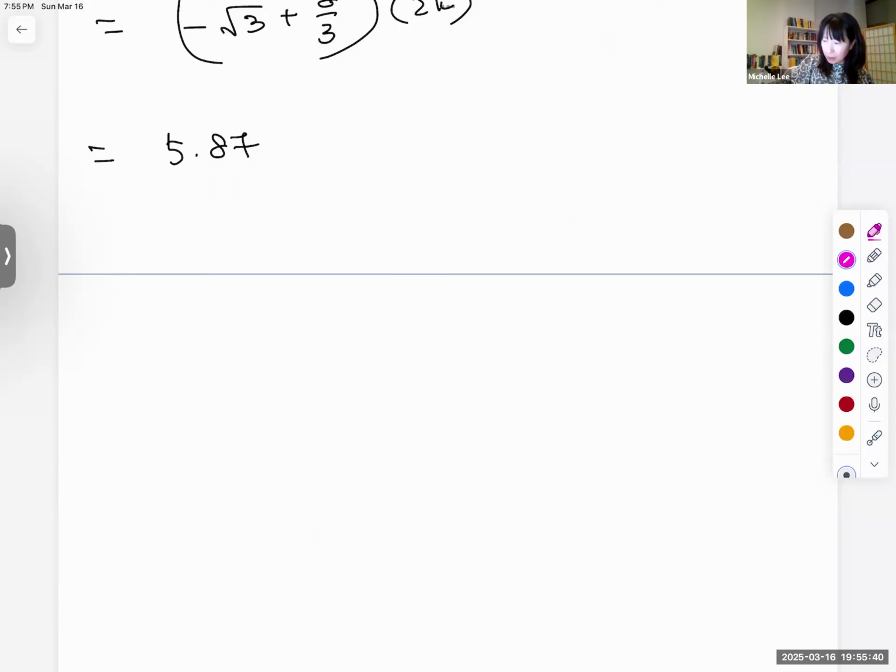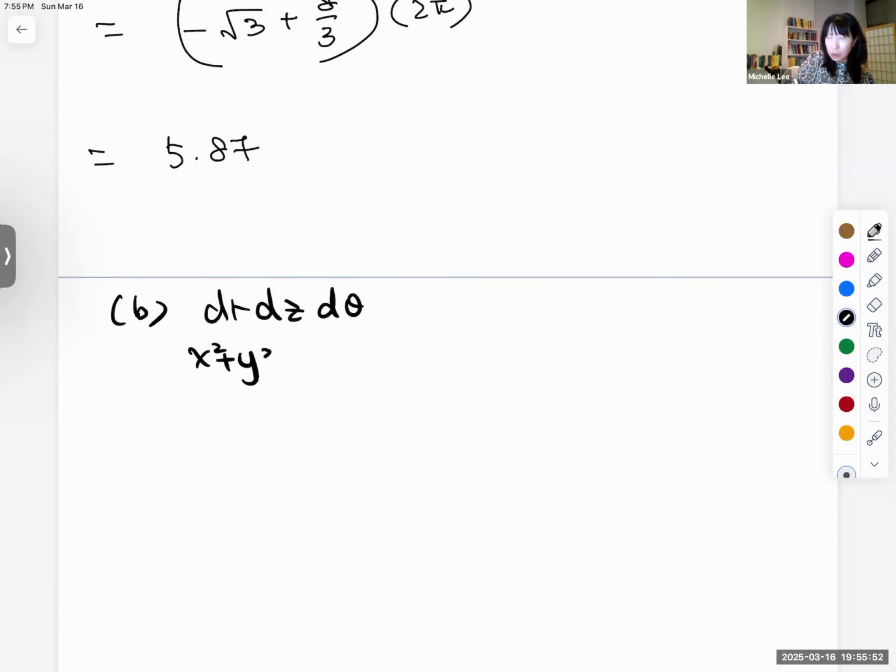The second part is complicated. So for B, we want to use r, z, theta. Yeah. So we have the equation x squared plus y squared plus z squared equals 4. We know x squared plus y squared is r squared, right?